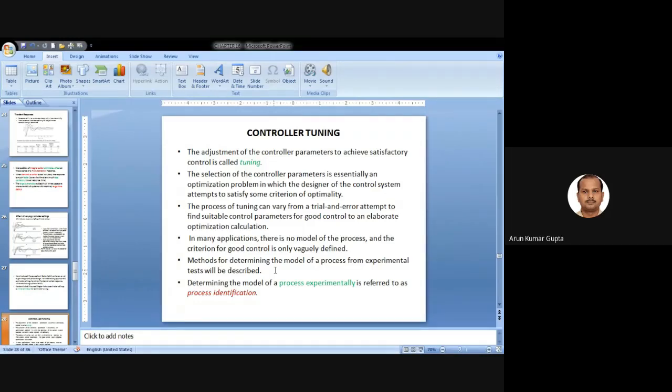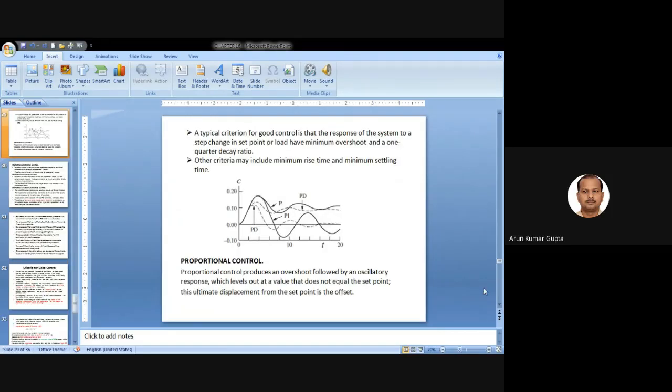Based on this, we can find out which parameter is showing good results. When you try to find out the parameters with the help of experiments, this is known as process identification. So getting the results by experiments is known as process identification.